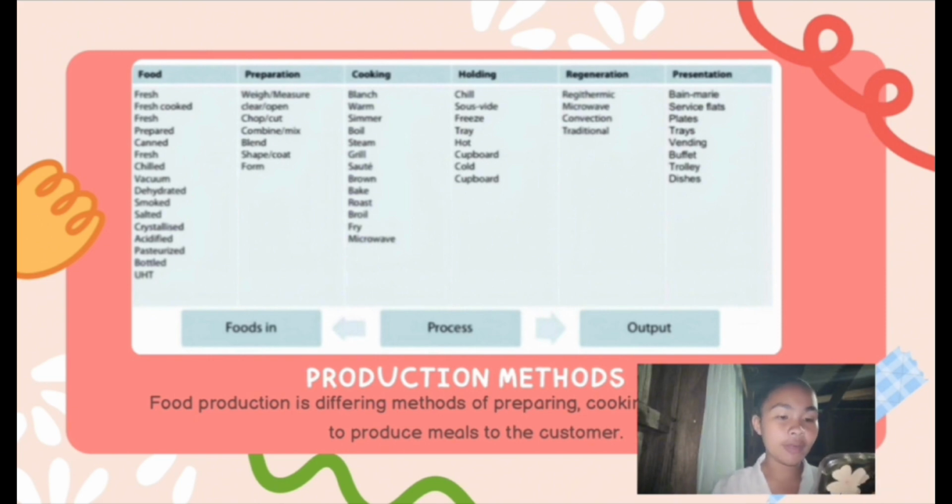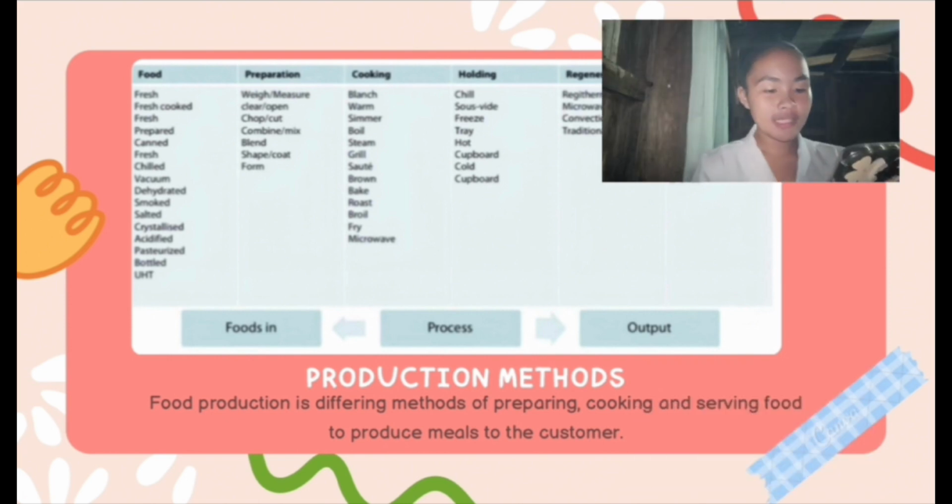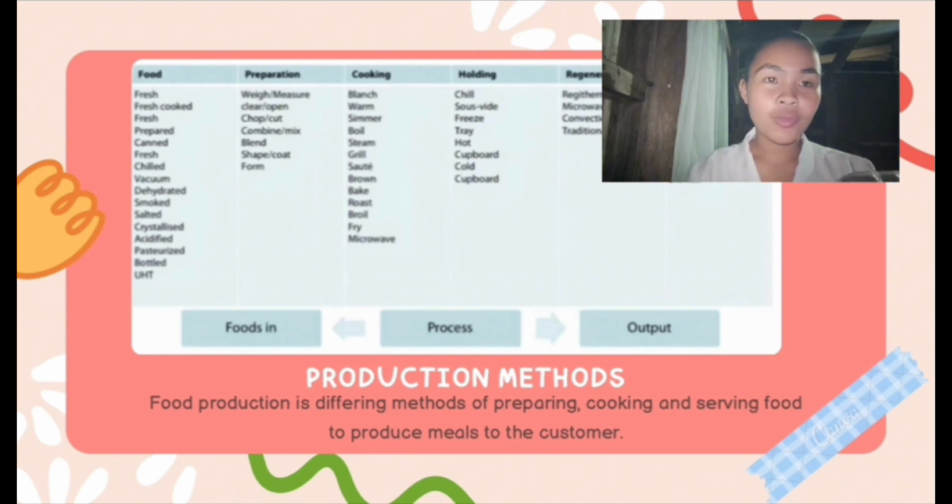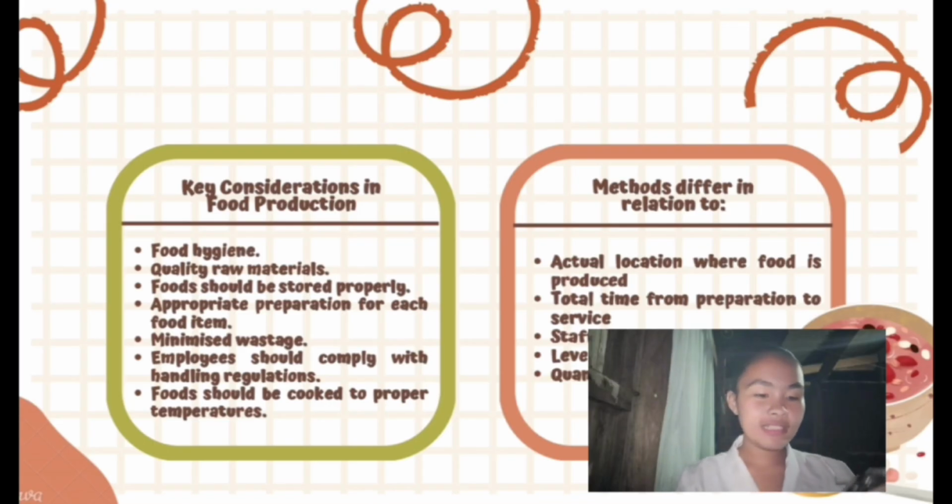Presentation has bain-marie, service flats, plates, trays, vending, buffet, trolley, and dishes. Next is production methods. Food production is differing methods of preparing, cooking, and serving food to produce meals to the customers.